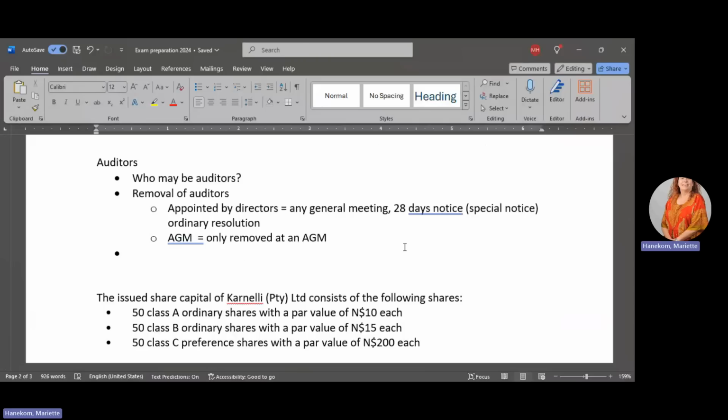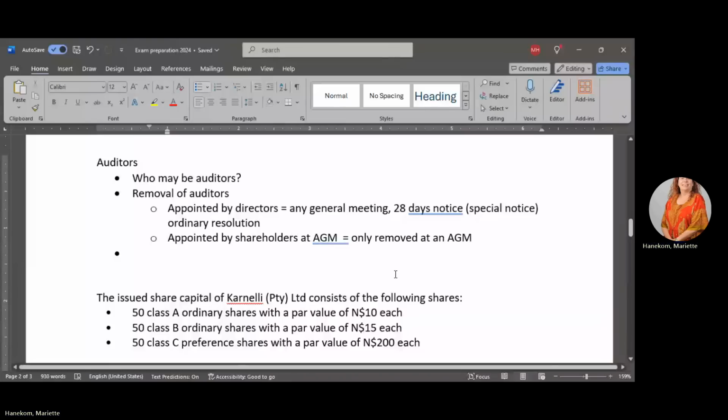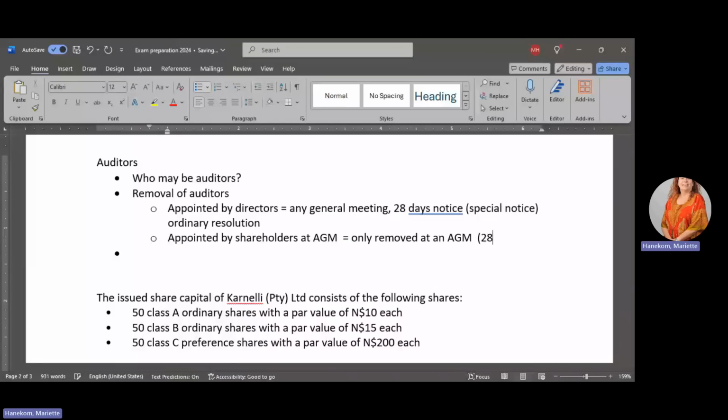If, however, they were appointed by the shareholders at an annual general meeting, they can similarly only be removed at an annual general meeting. It still requires 28 days notice.